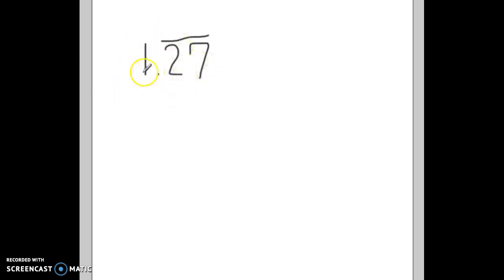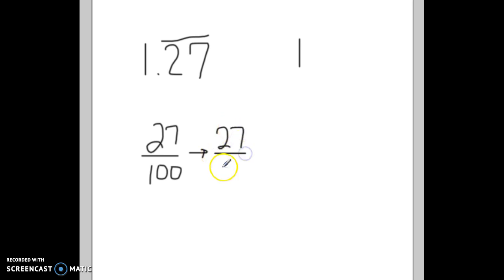Now let's look at this one, 1.27 with the 27 repeating. Well, once again, you leave the 1 right where it is. You leave the whole number. Let's concentrate on the 27 that's repeating. If it didn't have the line over it, it would be 27/100. But it does have a line over it. So we're going to change it to 27/99.